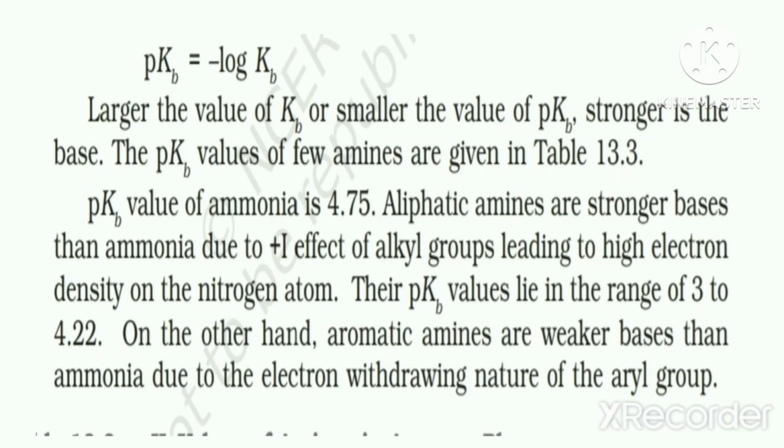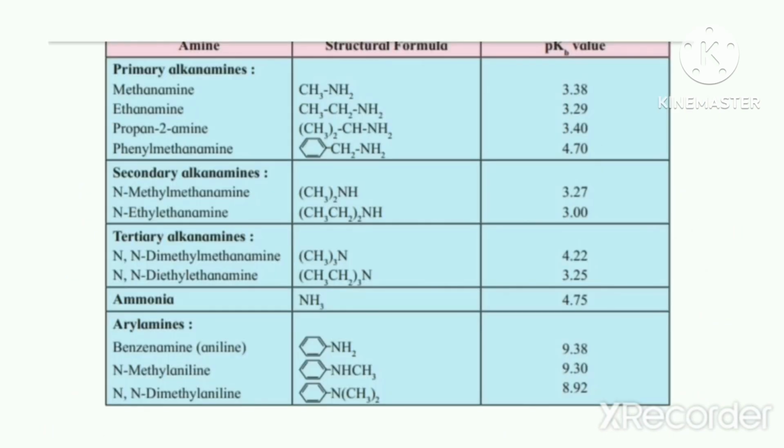Why are aromatic amines weaker bases than ammonia? Because of the electron withdrawing nature of the aryl group. So this is the chart which gives the different pKb values.